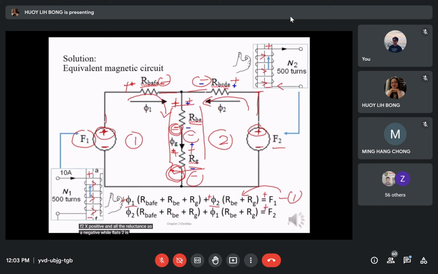While flux 1 is also flowing out of the RBE and R gap as negative on loop 2. Hence, we repeat the same for the equation on loop 2. We will get flux 2 times all the reluctances plus flux 1 times RBE plus R gap.